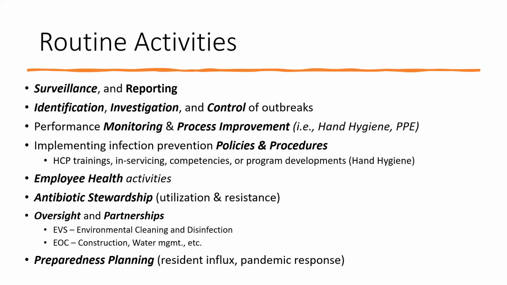We want to think about the WHO 5 moments of hand hygiene and not just that entry and exit of resident or patient rooms, but before we touch a patient, after touching a patient or resident, as well as the same for touching body fluids or equipment. And compliance with that should be routinely monitored again.